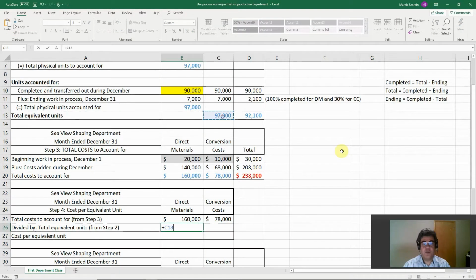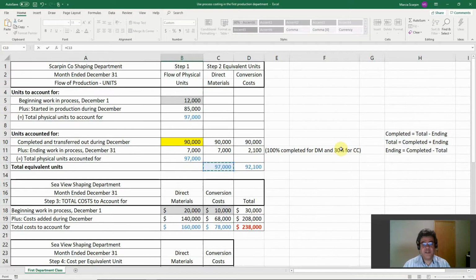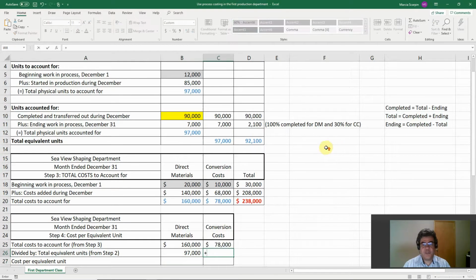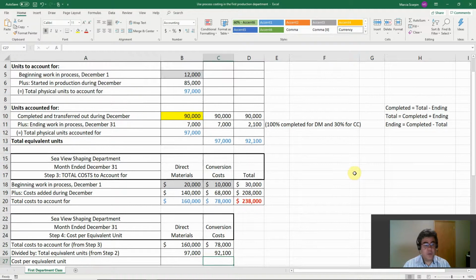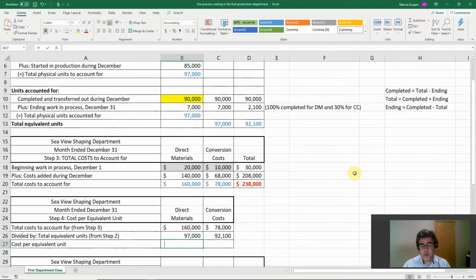So direct materials here, 97. Conversion costs here, 92.1. And now the cost per unit, just like any other cost per unit, total cost divided by number of units. 1.65 for direct materials, 85 cents for conversion cost.